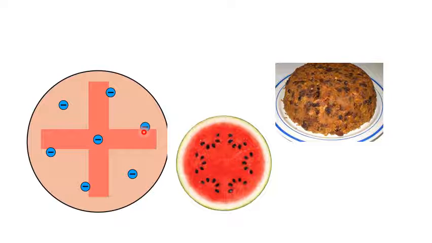These negative blue circles, can you see? These are your electrons. These electrons are embedded in it. The positive charge is uniformly distributed over the entire atom. Fine. The positive charge is maintained throughout the atom.